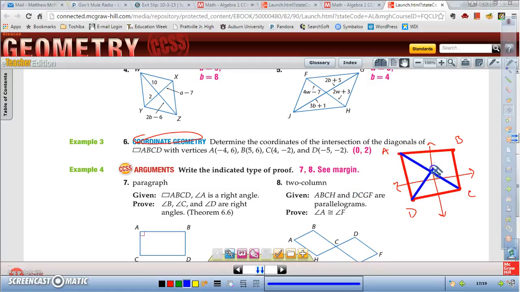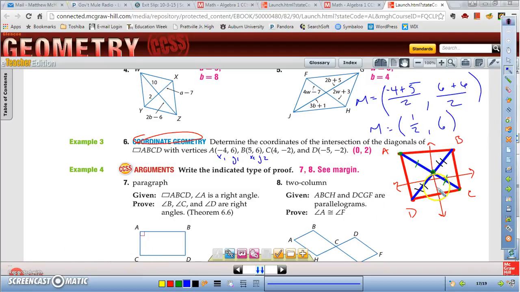And I've got a diagonal going from A to C and a diagonal going from B to D. And so we talked earlier about one of the characteristics of a parallelogram is that it splits my diagonal into two congruent segments going in both directions.